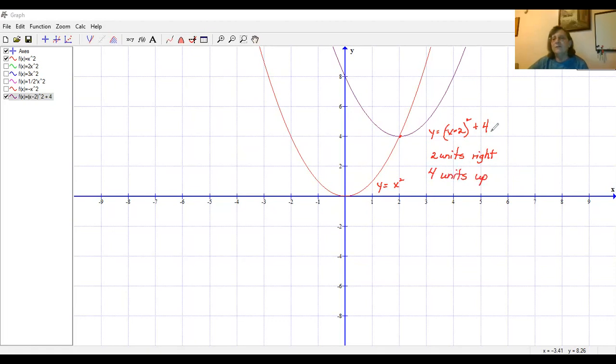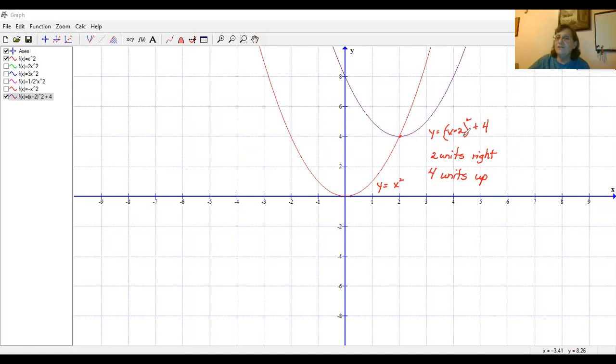A plus 4 is going to move it up 4 units. It's on the outside of the parentheses. The minus 2 is going to move it 2 units horizontally, and anything that's in the parentheses goes horizontally instead of vertically, and backwards from what you would think.